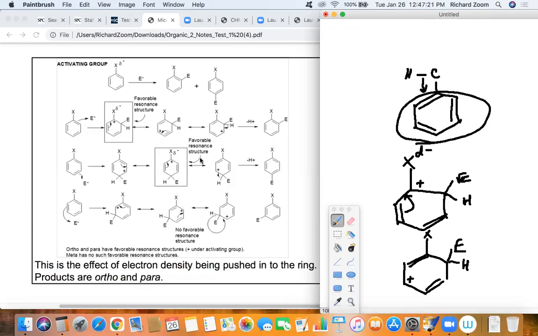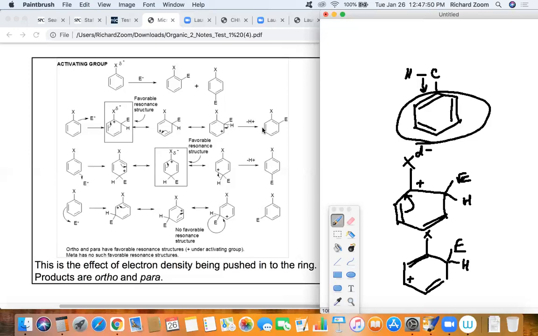That's what makes it a favorable resonance structure. And then we can lose the H plus and we end up getting the para position. So both ortho and para have situations where the X group can stabilize a positive charge because of where the electrophile has attached to the ring.